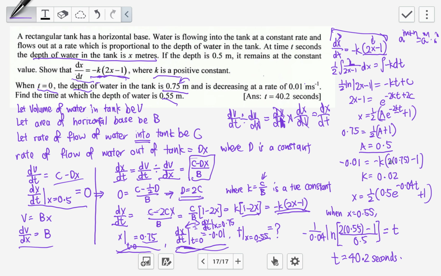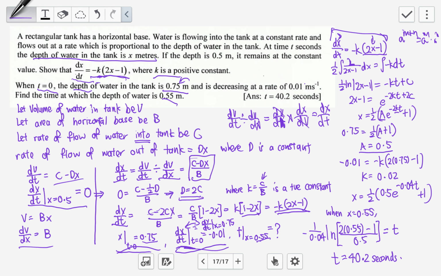So 2 multiplied by 0.75 is 1.5. 1.5 minus 1 is 0.5, which is just half. In order to get rid of the half, I multiply by 2 on both sides. This becomes minus 0.02, and this is minus k. Minus k equals minus 0.02, so k equals 0.02 by multiplying by negative 1 on both sides.